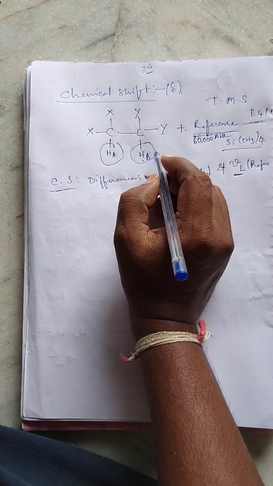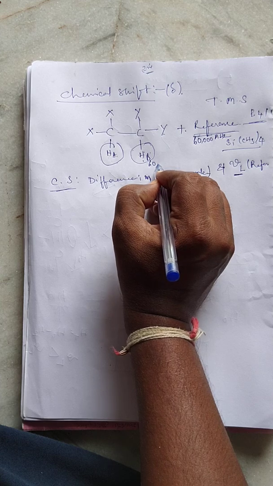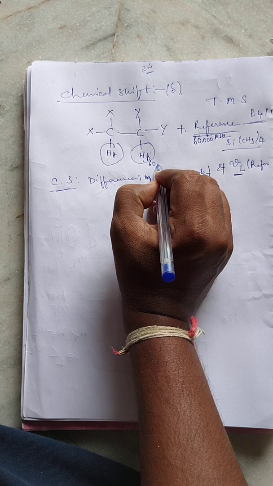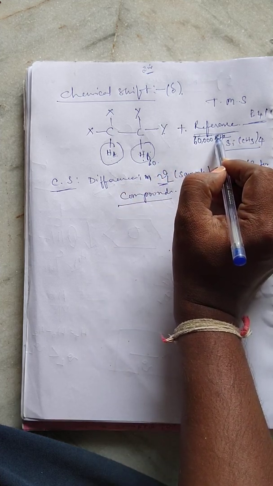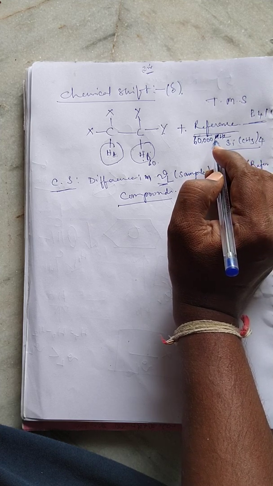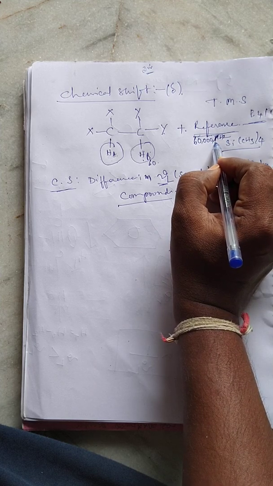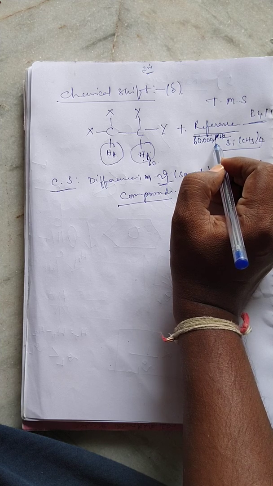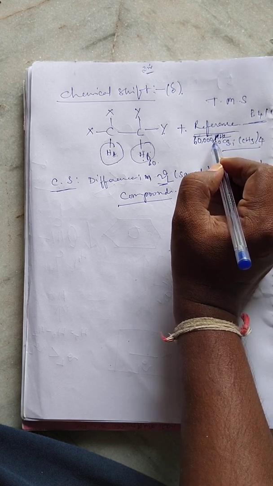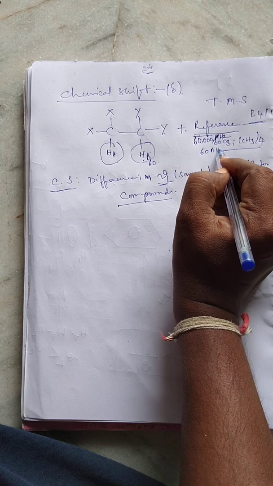Suppose this one is not a megahertz value, it is 6 crore hertz, that means 60 megahertz, right?